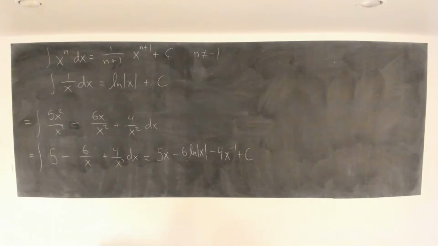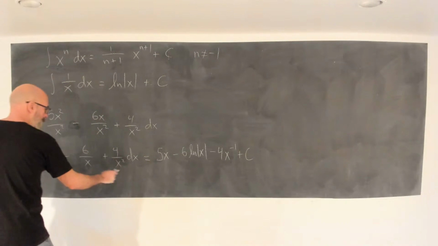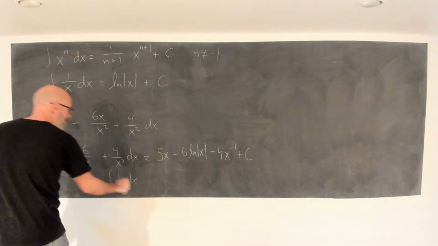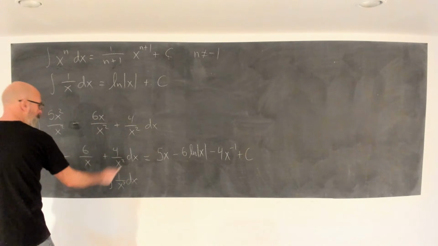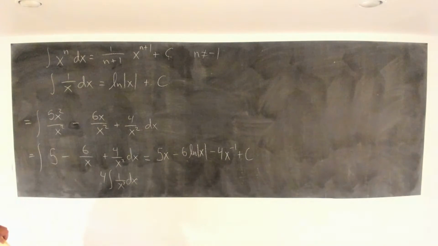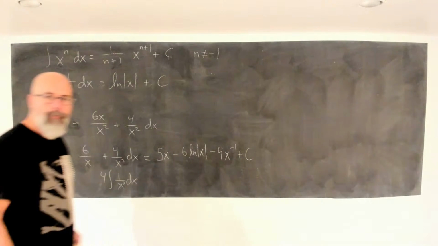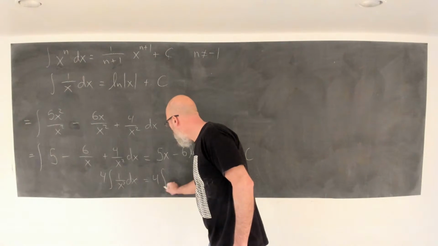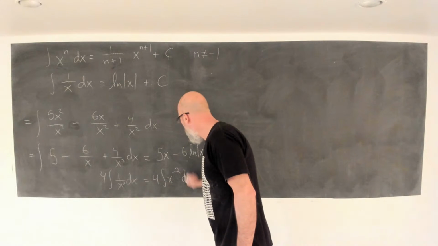Why is the 4 negative? Right, we're looking at the antiderivative of 1 over x squared with the 4 outside, right? Because you can forget about constants. And this is really x to the negative 2.